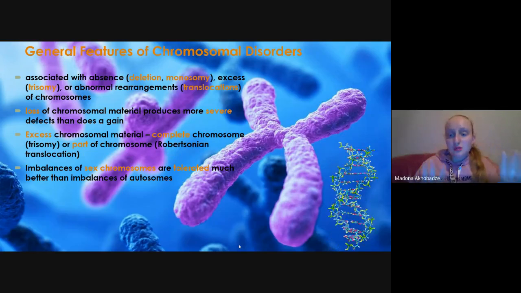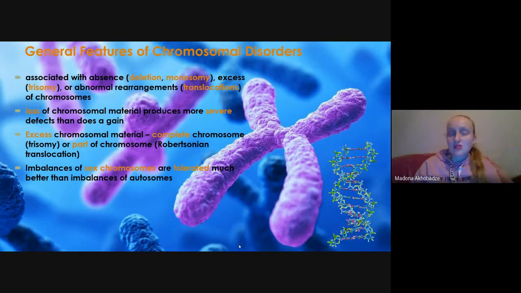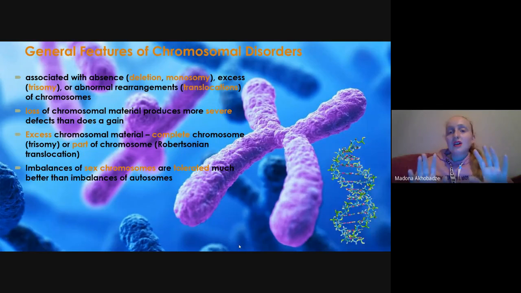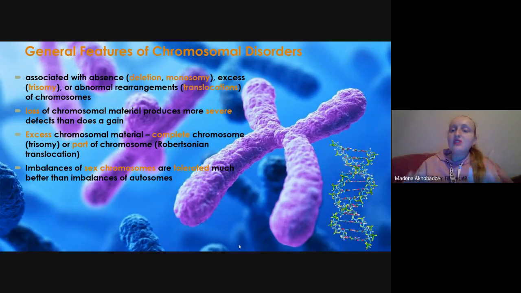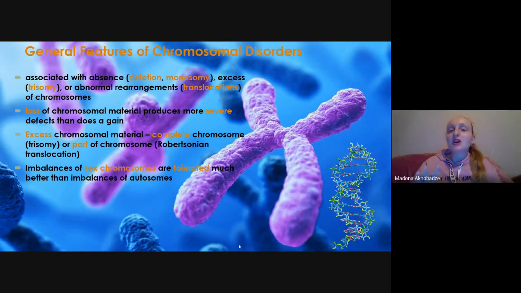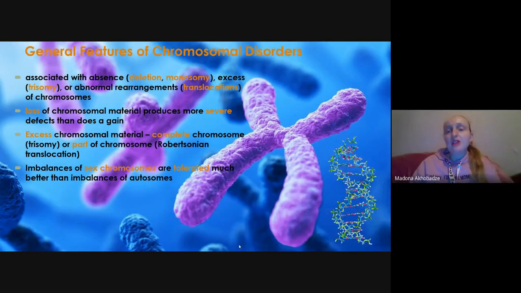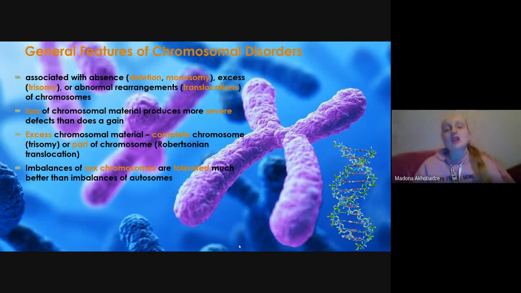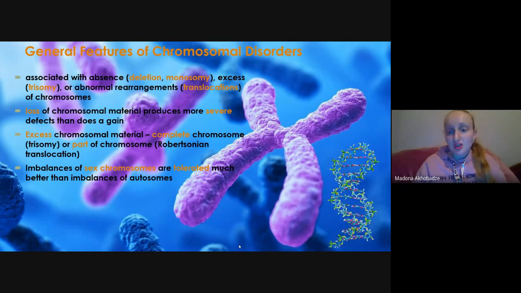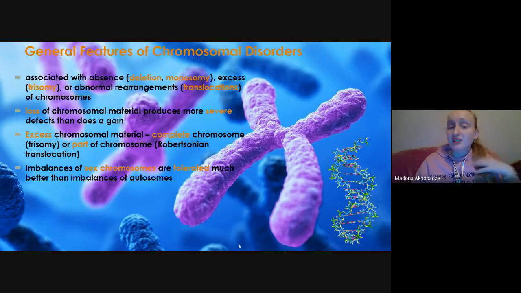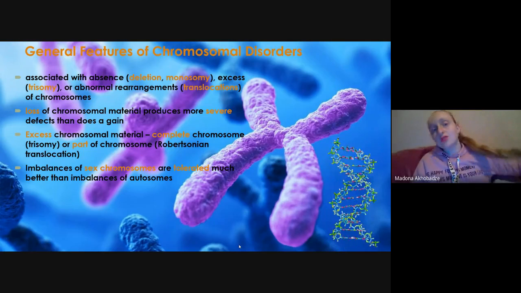Autosomes are the 22 pairs, and the sex chromosomes, like X and Y, are just 2 of them. So imbalances between those two are less severe and more tolerated than imbalances between the autosomes, which lead to severe consequences like mental retardation or physical retardation, and so on.